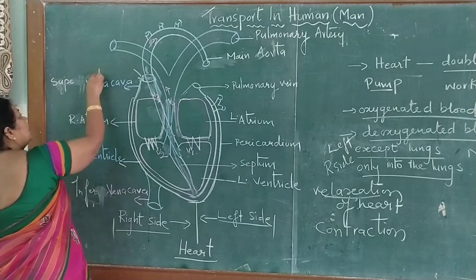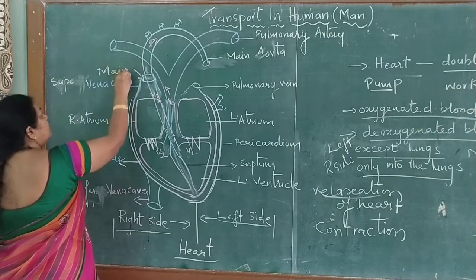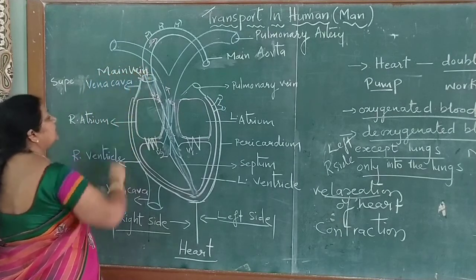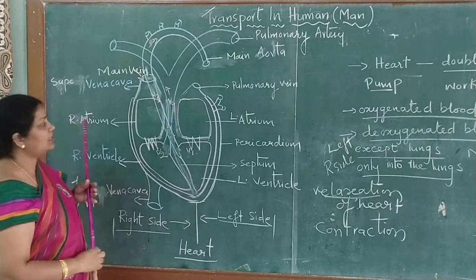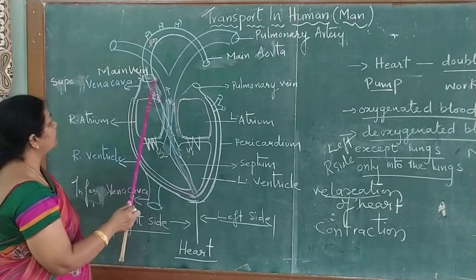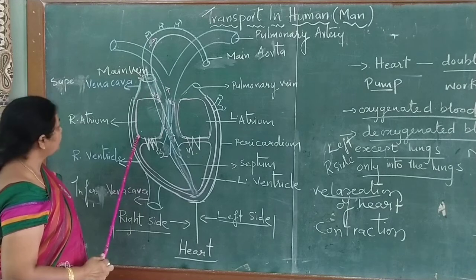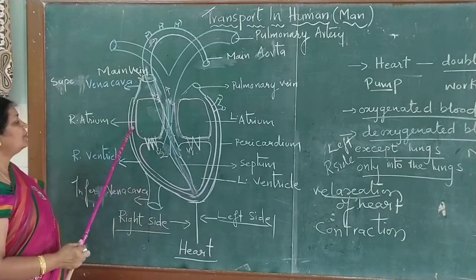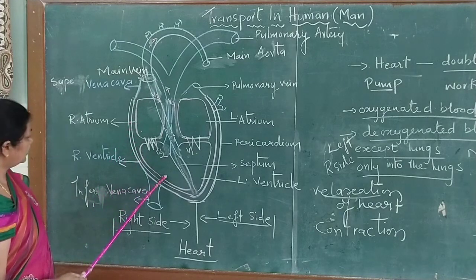The main vein collects the impure blood, that is the deoxygenated blood from the body parts, and pours it into the right atrium. From the right atrium, it automatically moves to the right ventricle.